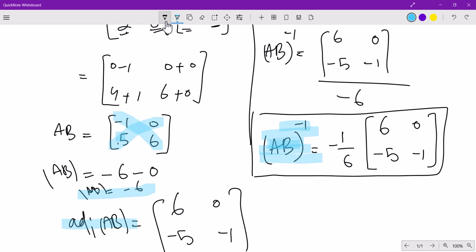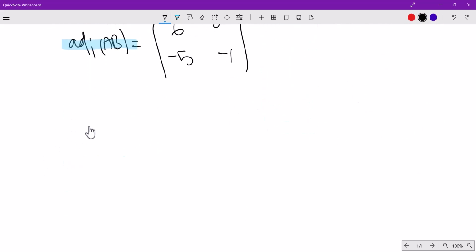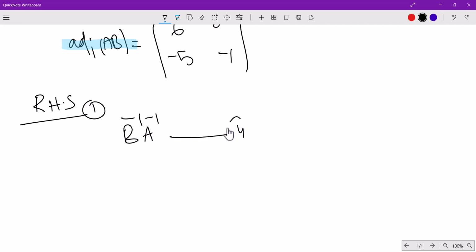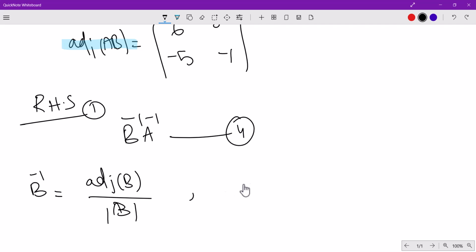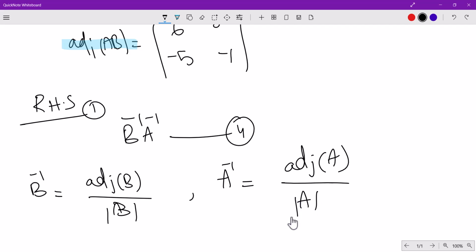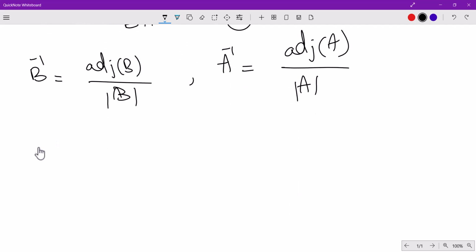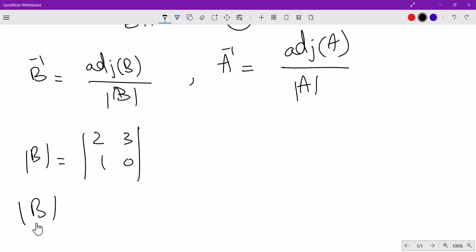Now the right hand side of equation number 1, which is equal to B inverse into A inverse. This is equation number 4. First we find B inverse, which is equal to adjoint of B divided by determinant of B, and A inverse, which is equal to the adjoint of A divided by determinant of A. First we find the determinant of matrix B, [2, 3; 1, 0]. The determinant is 0 minus 3, which is equal to minus 3.